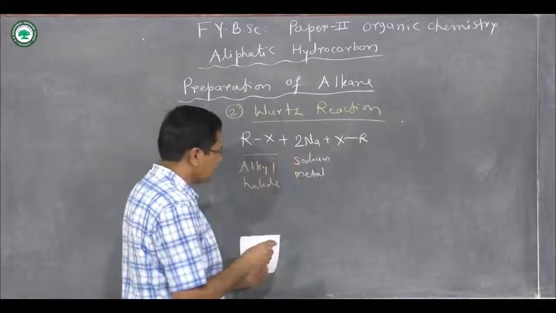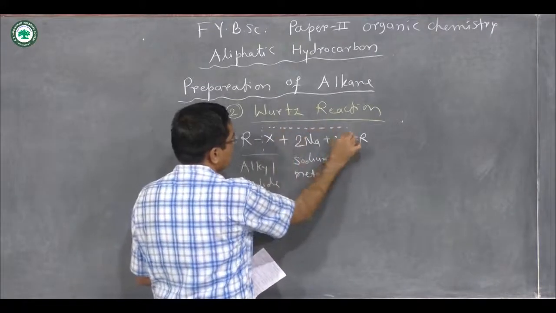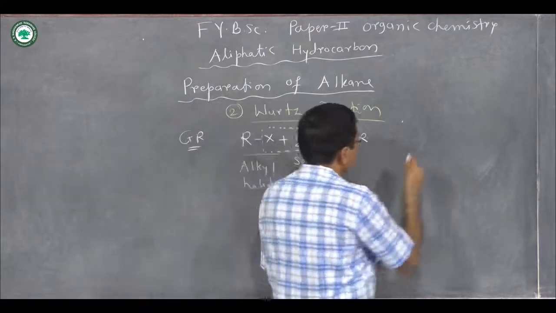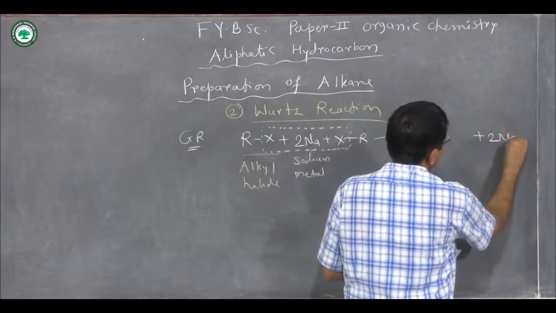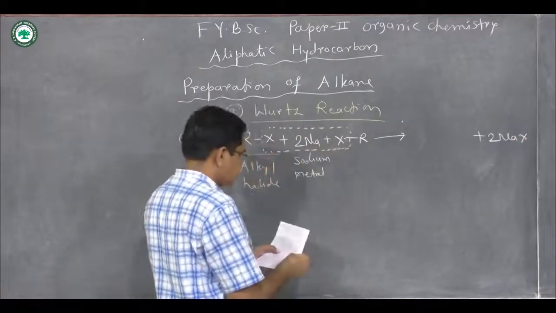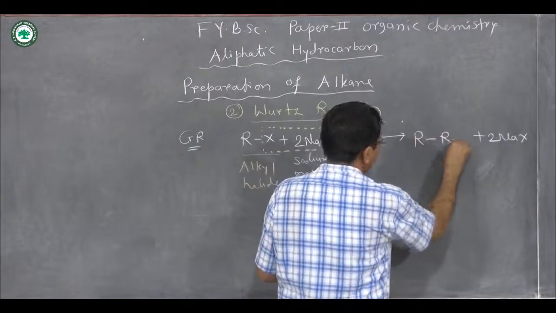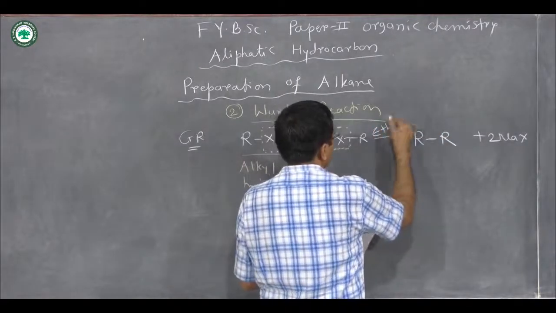What happened here? NaX is the side product and higher alkanes are formed in presence of ether.